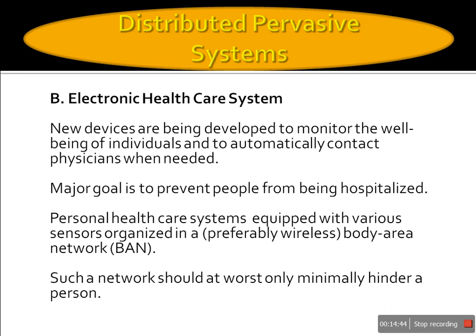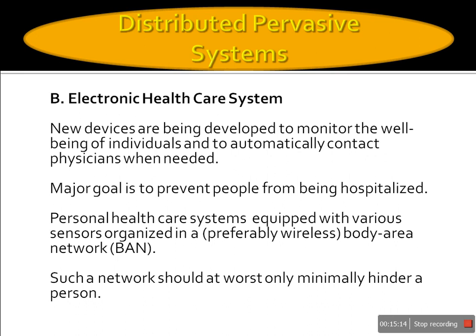Okay, the second type of distributed pervasive system is electronic healthcare system. It is another important class of pervasive system. With the increasing cost of medical treatment, new devices are being developed to monitor the well-being of individuals and to automatically contact physicians when needed. In many of these systems, a major goal is to prevent people from being hospitalized.